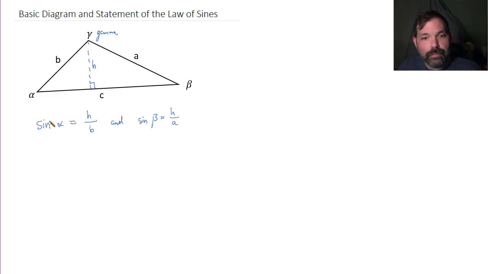Then take the first equation and multiply through by b. Then b sine alpha is equal to h. Take the second equation and multiply through by a. Then a sine beta is equal to h.